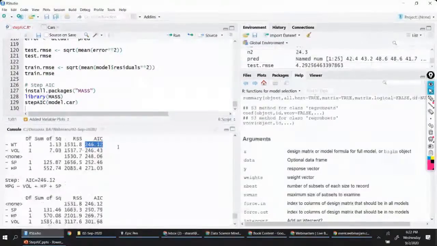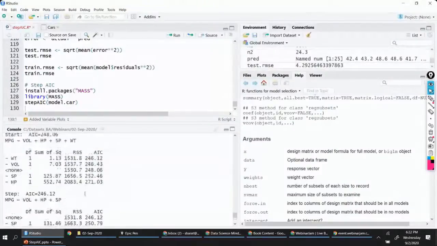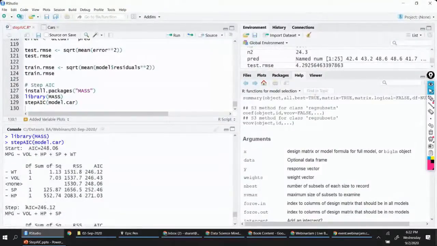So you remove that weight and then see what is happening here. This is the model, and you get this model. Among these two, the AIC value which is less is considered to be the better model. The overall model is AIC, right? The model which has the least AIC is considered to be the better model.